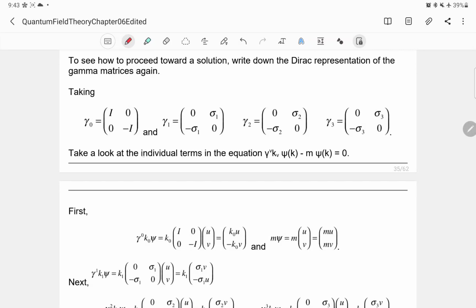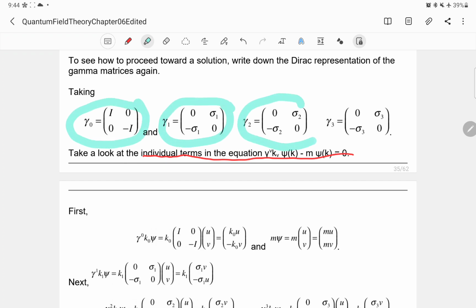Now we'll take a look at the individual terms of the new equation, which is of course the Dirac equation in momentum space. Recall that you have 4 gammas, but actually 5 gammas, where gamma 5 is just a product of the other 4.